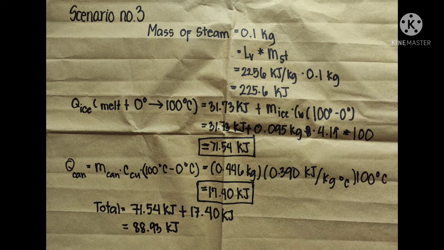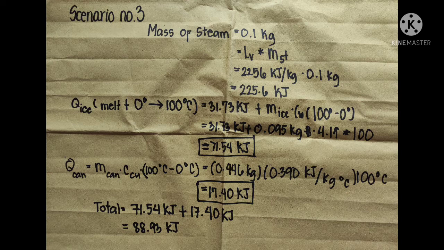So for the can, we multiply the mass by the specific heat of copper and multiply by 100 degrees Celsius minus the initial temperature. So that is 0.446 kilogram times 0.390 kilojoules per kilogram per Celsius multiplied by 100 degrees, which leaves us with 17.4 kilojoules.